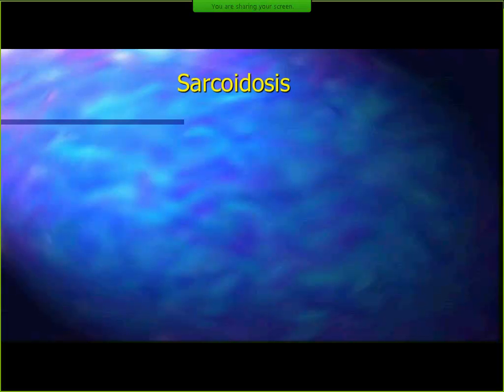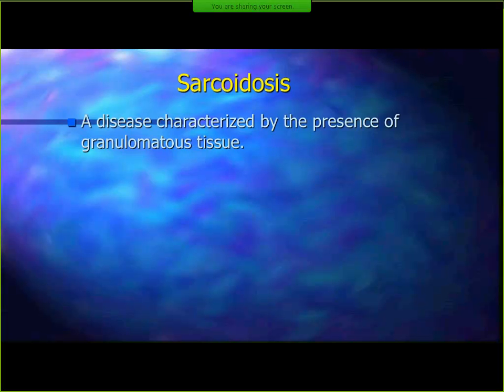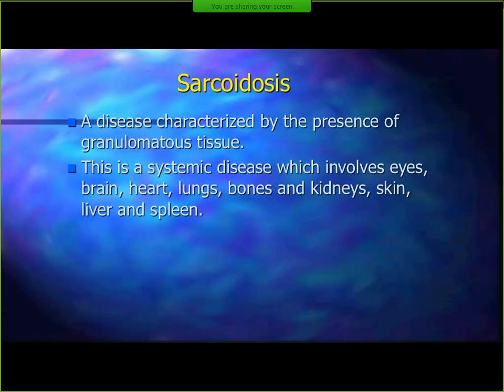So, sarcoidosis. It's a disease characterized by the presence of granulomatous tissue. It's a systemic disease, so you probably have clues. You may have skin disease, erythema nodosum, adenopathy, uveitis. They often present with elevated LFTs.